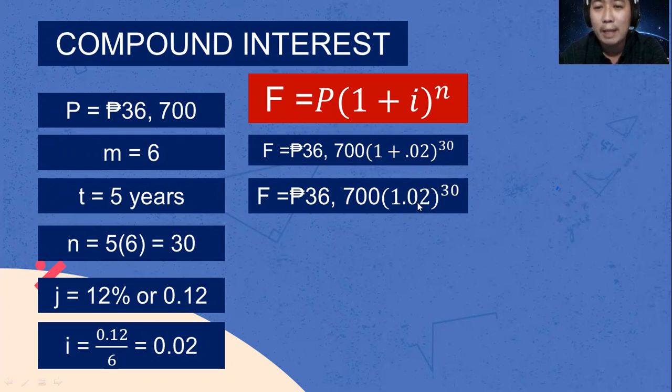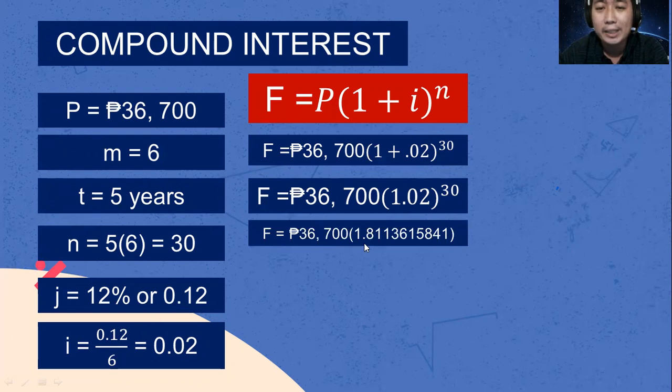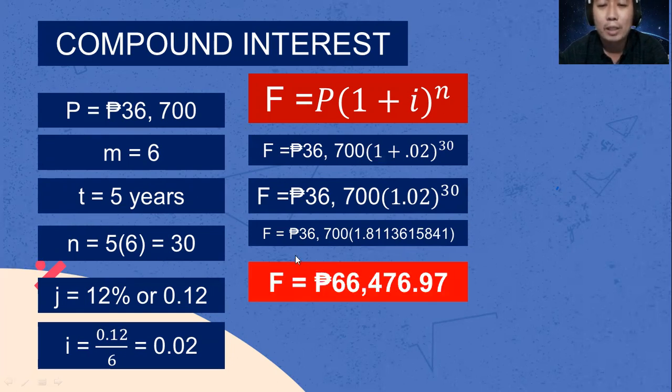We will be simplifying first 1.02 raised to 30. And the answer is 1.8113615841. Multiply by 36,700. So the maturity value is 66,476.97 pesos.